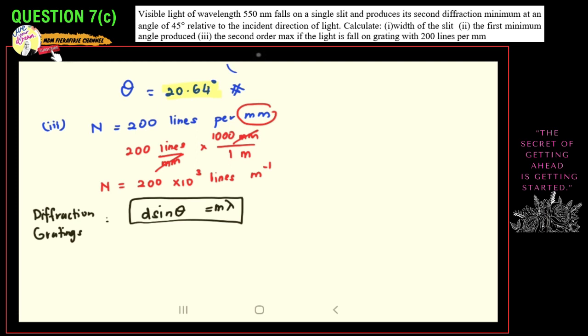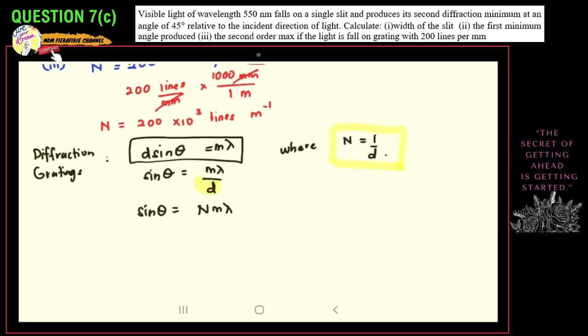Alright, so now since we know that n is equal to 1 over d, if I rearrange this equation, sin theta is equal to m lambda over d. Okay, so this is 1 over d, and 1 over d is equal to n. So we can rewrite sin theta is equal to n m lambda.